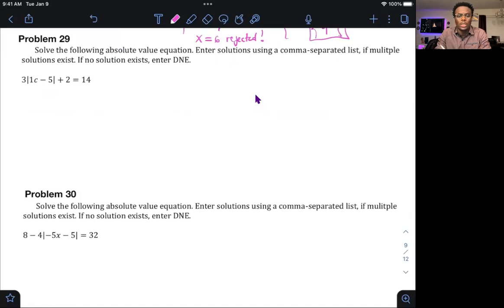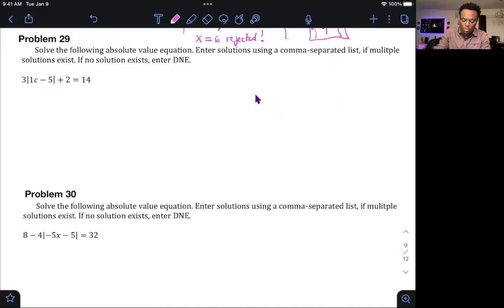First thing is that you need to isolate the absolute value part of your equation, and then set up two conditions. The expression inside of the absolute value equals the number on the other side if it's not negative, and also consider the expression inside of the absolute value equals the number on the other side negative, but it's only if it's positive.